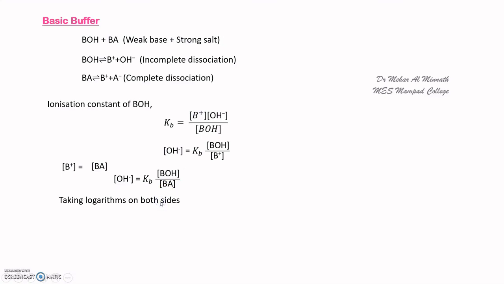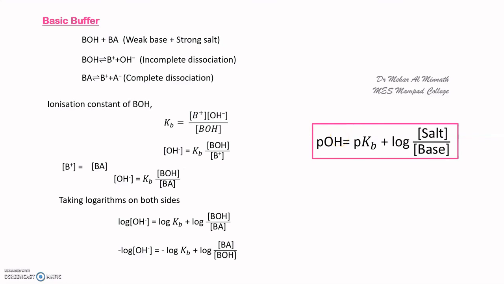Taking negative logarithm on both sides, what we get is minus log OH minus equal to minus log Kb plus log concentration of BA by concentration of BOH. We know minus log OH minus is nothing but pOH, and minus log Kb will be pKb. So we get pOH equal to pKb plus log concentration of salt by concentration of base. This is the Henderson-Hasselbalch equation for basic buffer, the pOH of a basic buffer.